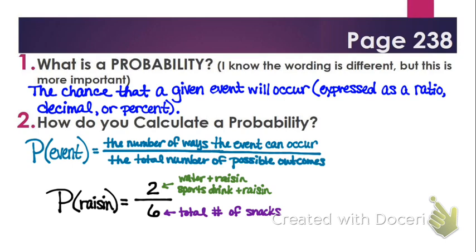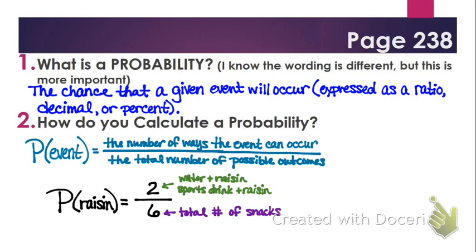I don't want to reduce it down necessarily. This means there are 2 different things that could be brought back that make me happy. The denominator has a very specific meaning here. It tells me that there's 6 total choices. And while you could reduce it, it has the same mathematical value, it doesn't give me as much information when I reduce that down. What would this be if we decided to write it as a percent?